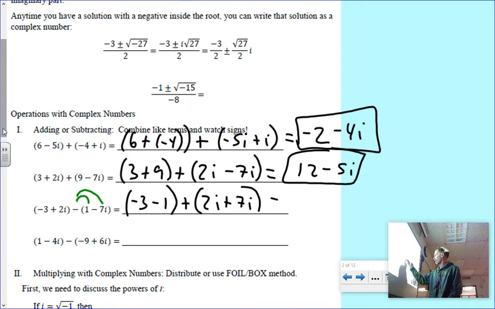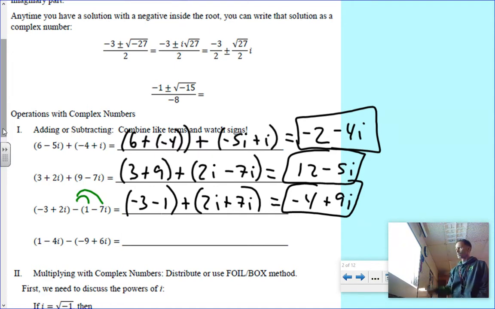So it'll be -4 plus 9i. Notice the first set of parentheses, that -3 plus 2i, stays the same, but we change the sign of those second two terms.